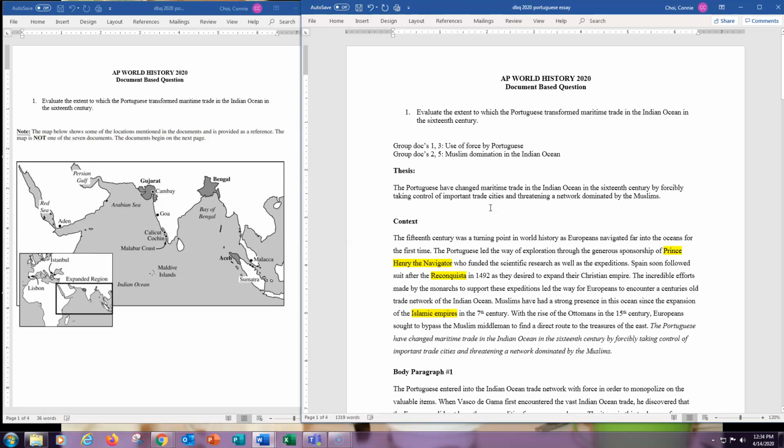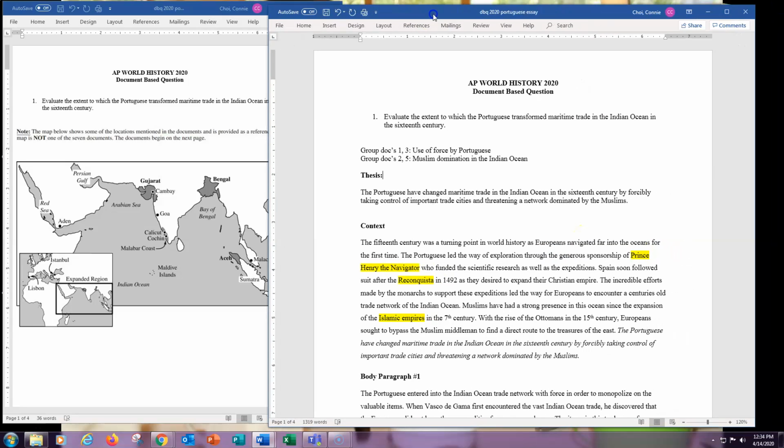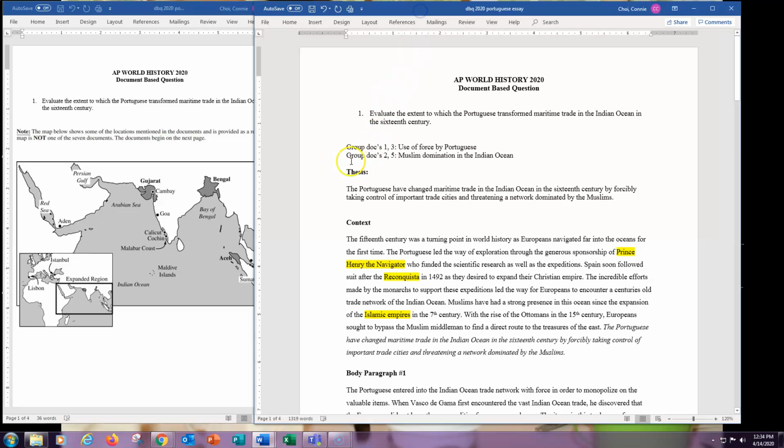On the right side of your screen, I have basically the essay to this prompt. I wrote this essay to show you how to earn all 10 points. After looking at the 5 documents, I looked to see whether there are similarities being expressed by the documents. So I grouped them, like I've taught you to do.